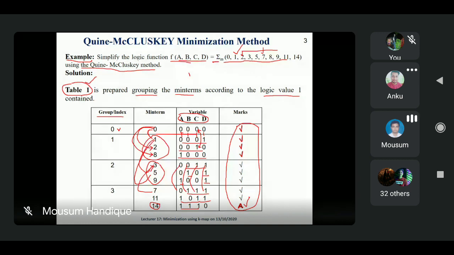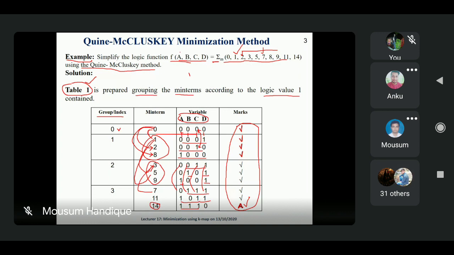Sir, is this A the variable of the function? A is a variable which belongs to the function f according to the question. Here it is already mentioned, no?